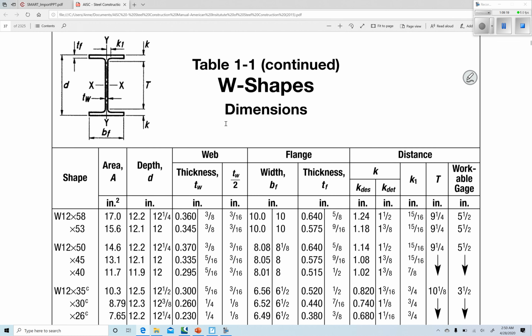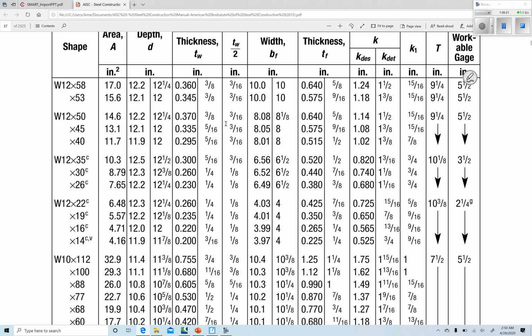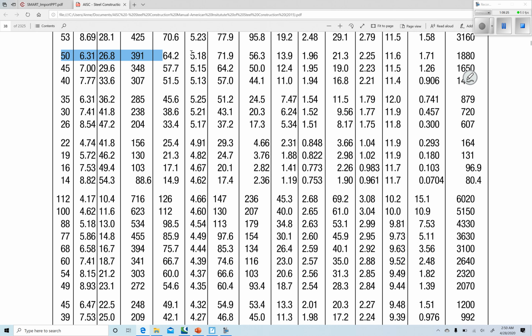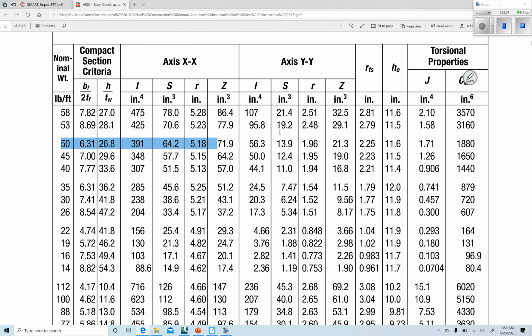My h/tw is on my next page. W12x50, h/tw 26.8. Is that right? Why do I have 49.4?